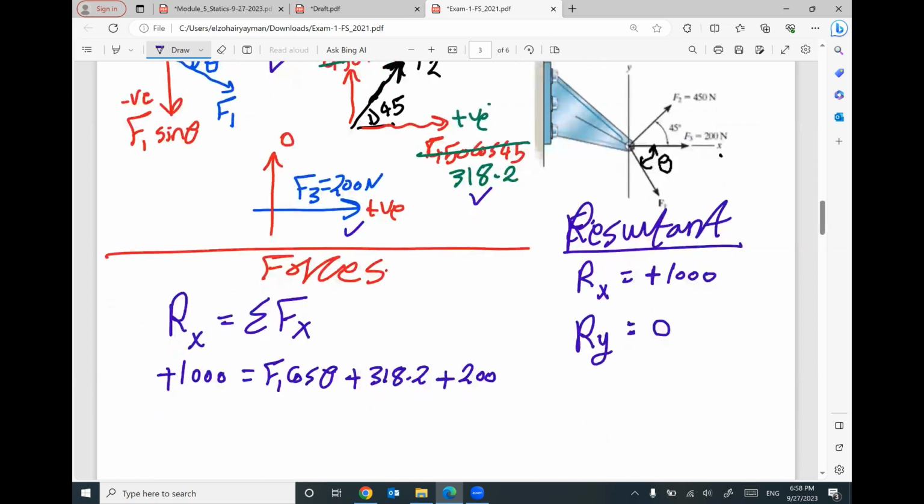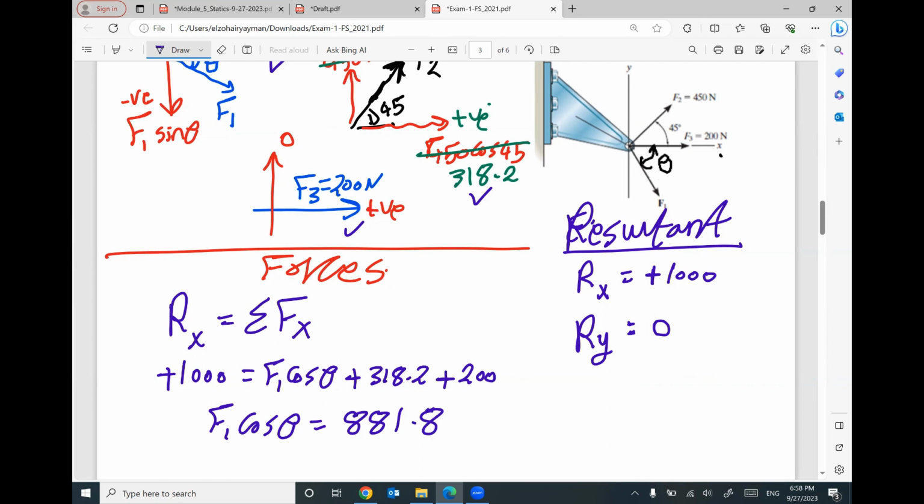So I can say F1 cosine theta will equal 1000 minus 318.2 minus 200.